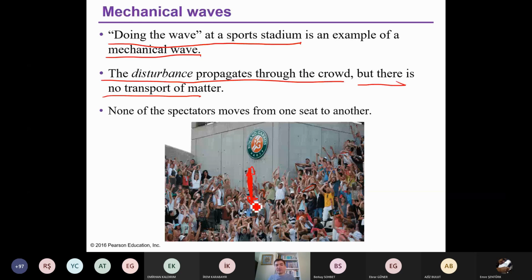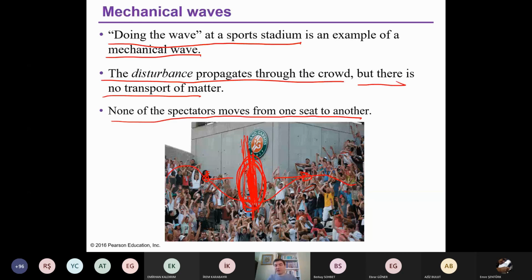So he or she has this type of motion up and down. None of the spectators moves from one seat to another, but the wave is moving with a certain speed, okay? The wave moves, but particles do not move. This is very important in mechanical waves.